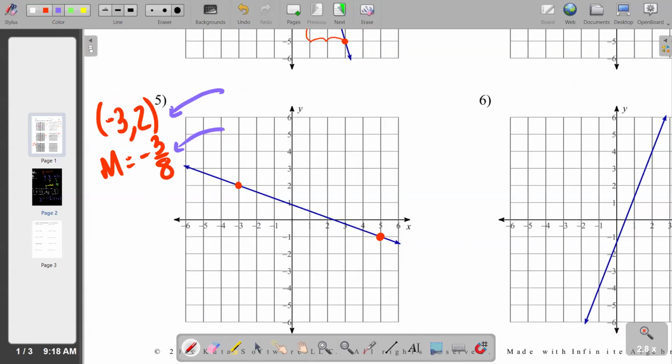So what would this equation say? Y minus 2 equals -3/8 of x plus 3. It's a cake. And again, the answer would be completely different if when I had said which point do you want to focus on, if you had selected the green one. Right answer still just looks different.